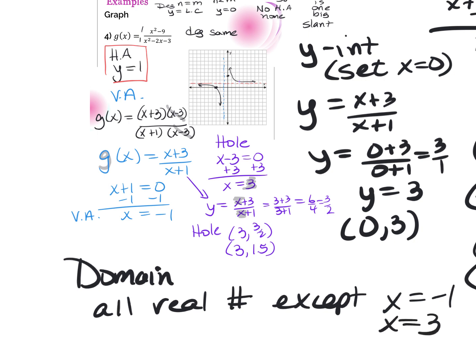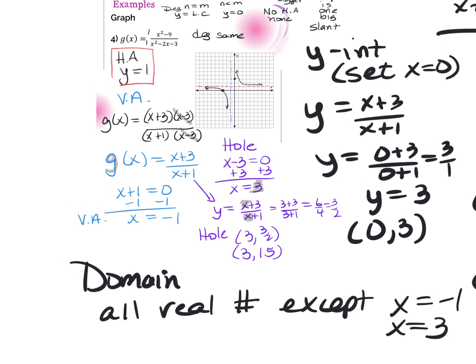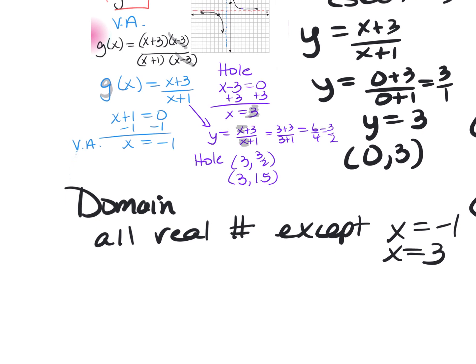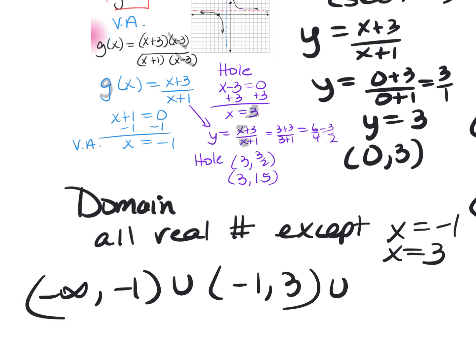So to find the restriction on the domain, you need to go back to the original, not the simplified. Because remember, we had a hole at 3 and we have an asymptote at -1. So this one in interval notation is negative infinity to -1, union -1 to 3, union 3 to infinity.